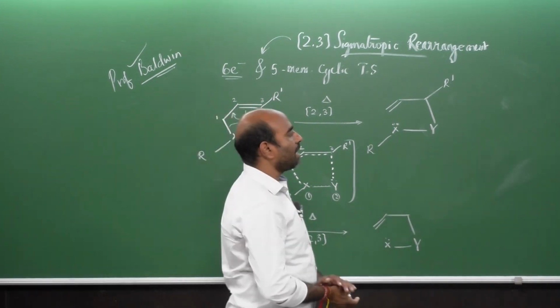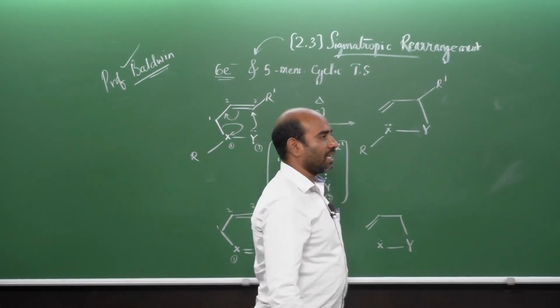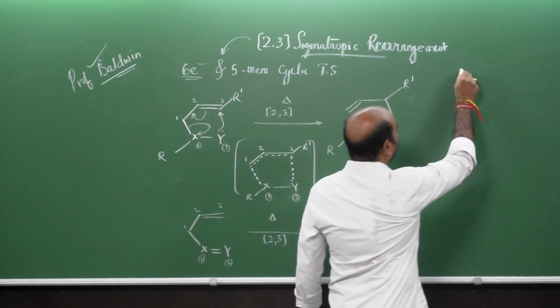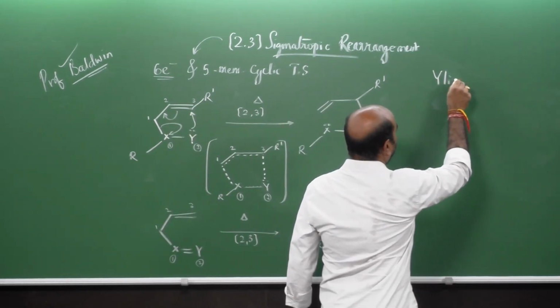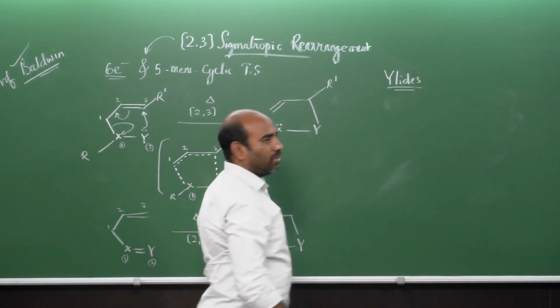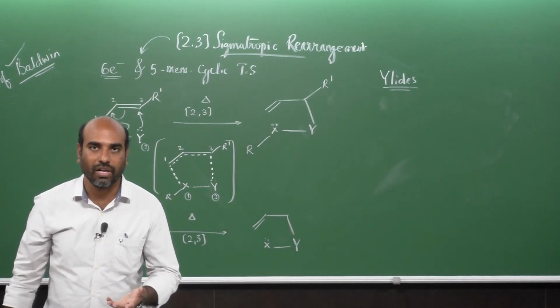So, the examples that are most studied in the 2,3 sigmatropic rearrangement reactions are ylides. So, ylides are the molecules which are capable of showing the Umpolung phenomena.